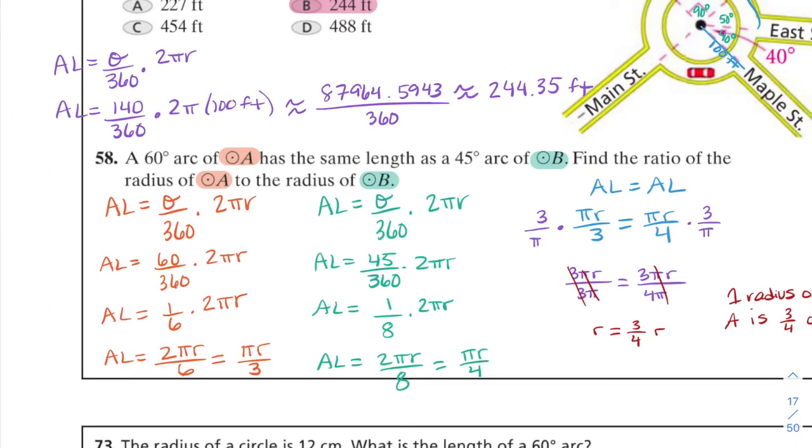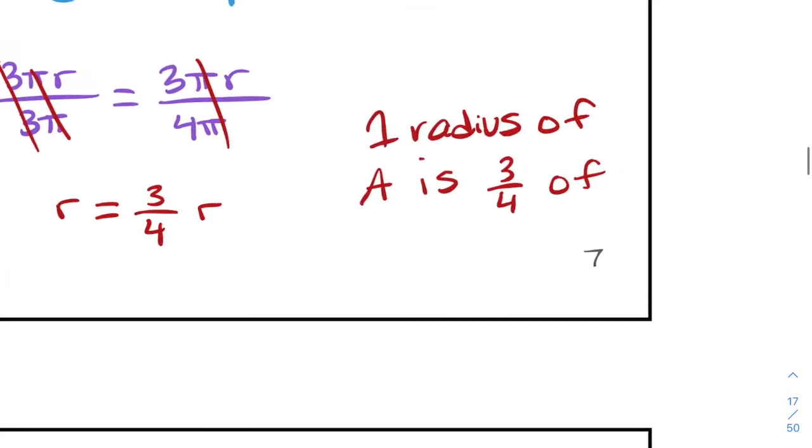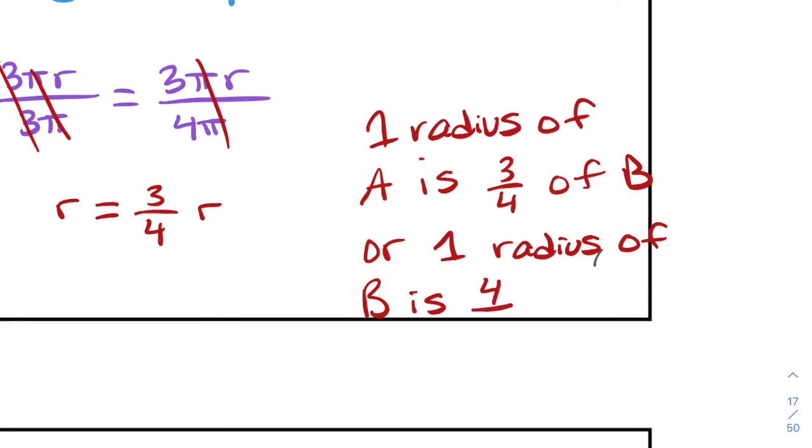A 60-degree arc of A has the same length as a 45-degree arc of B. Yep, A is 3/4 of B. Or if you multiply both sides by 4/3, one radius of B is 4/3 of A. It's just a comparison.